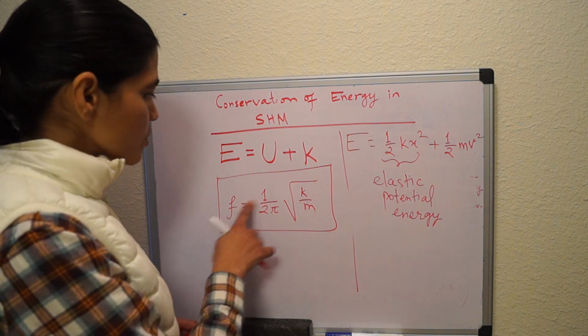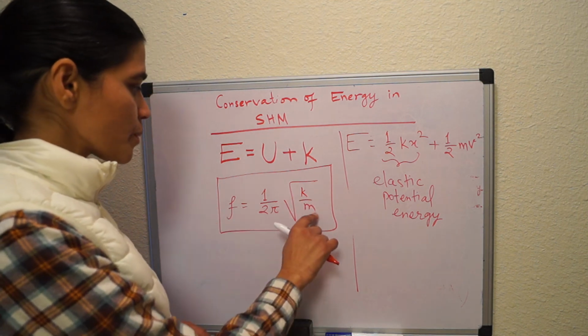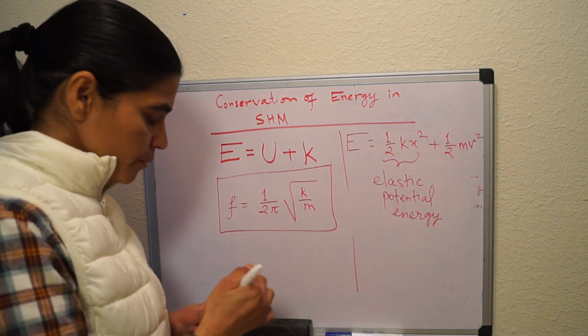Look at this: frequency depends on the stiffness of the spring, or spring constant, and frequency also depends upon the mass.